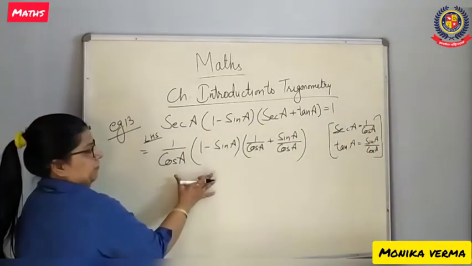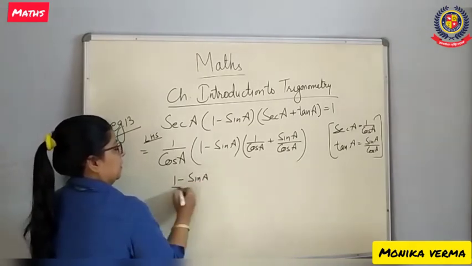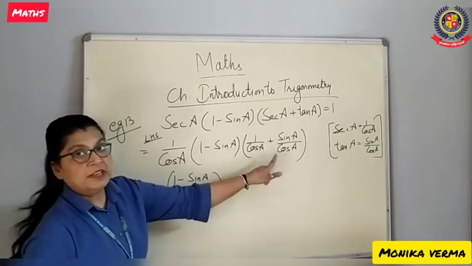Now we'll open the bracket. First we'll multiply these two. It will be 1 minus sin A upon cos A. And here we can take the LCM.